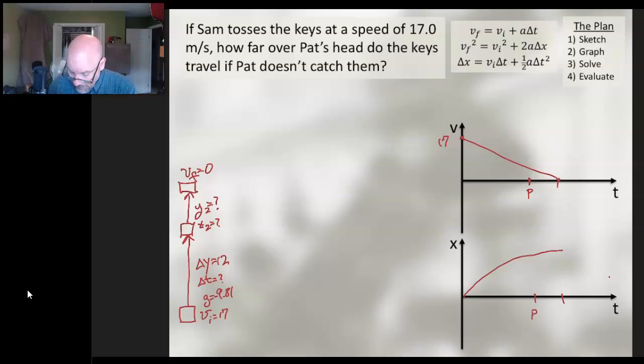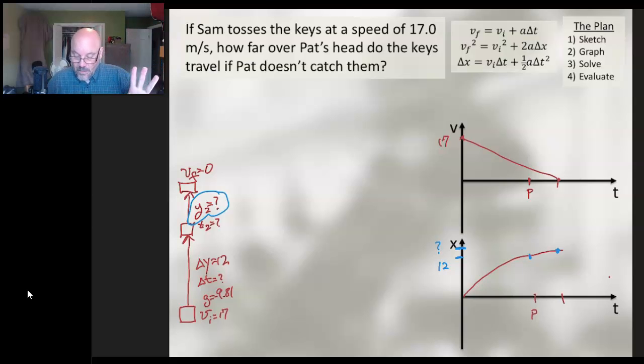When they're here at Pat, they're 12 meters up in the air. By the time they stop, they've gone a little bit further, and we don't know what that is. If we can get that value, we'll subtract 12, and we'll get how far above Pat the keys went.